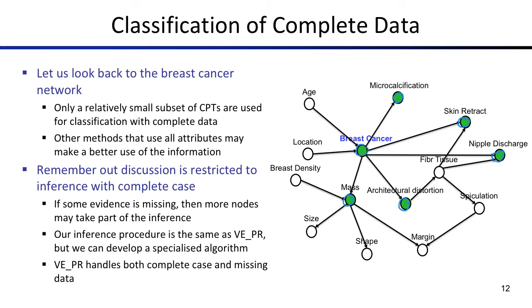So in some way, Bayesian networks are not using all the probabilities that we have available, just one subset of them. Some authors say that we are doing a sort of feature selection and only considering what is most relevant. Other people may say, okay, that's not optimal for classification in the complete case because we are losing too much information. And we're going to see in the next slides different ways of doing classification.